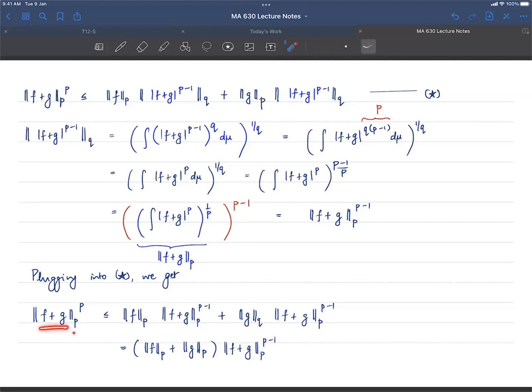Norm F plus G to the P less than or equal to the P norm of F. Now the Q norm of this guy we have computed to be P norm of F plus G to the P minus 1. So P norm of F plus G to the P minus 1 plus, okay, now this is a mistake. I've written Q norm of G. This is not correct. This should be P norm of G, right?